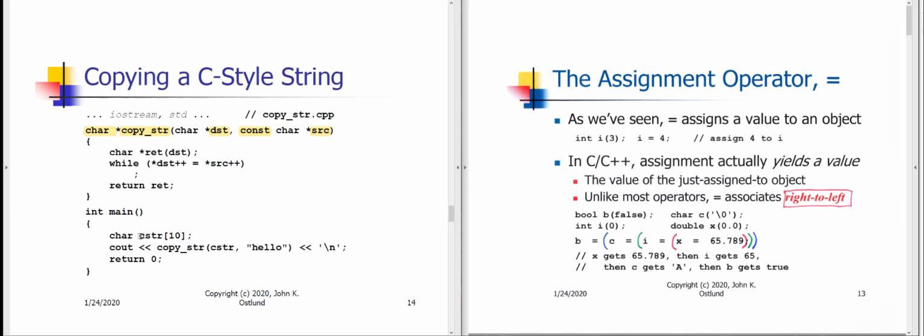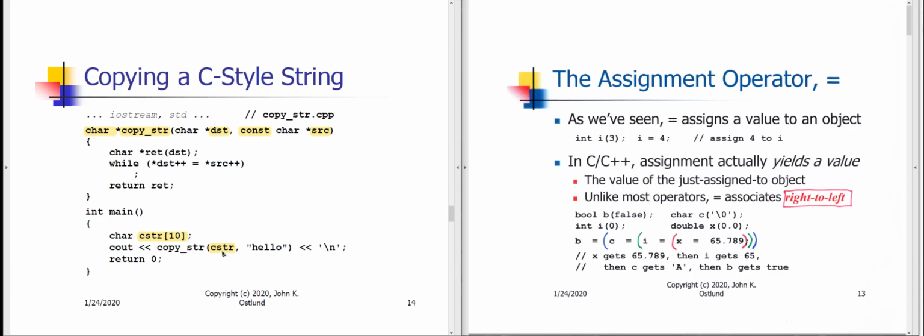Down here in main, I have an array, cstir, of 10 chars. That array is not initialized to anything, so at this moment it just contains 10 garbage character values. But I'm using cstir as the first argument in my copy stir call.